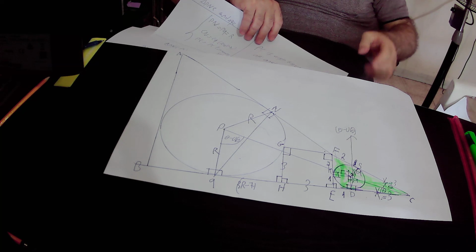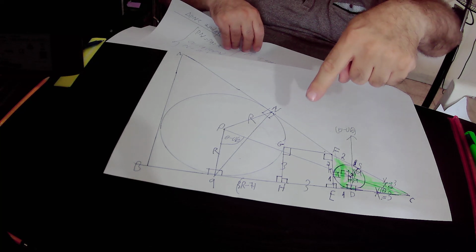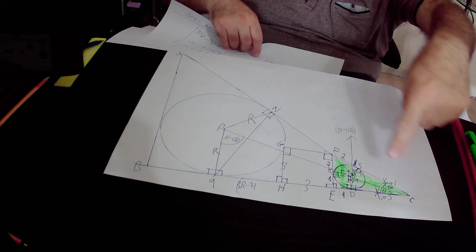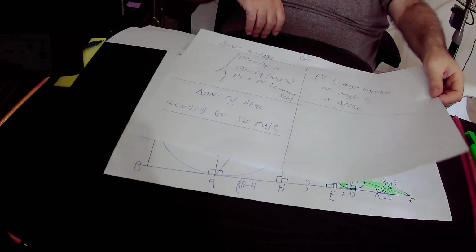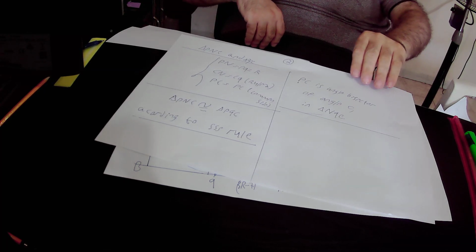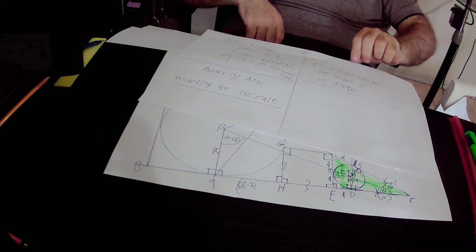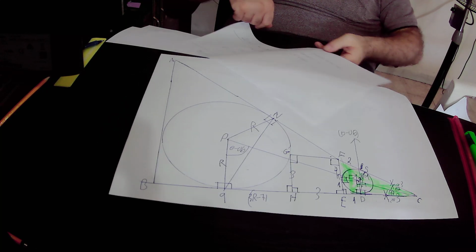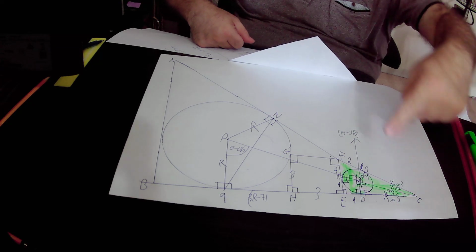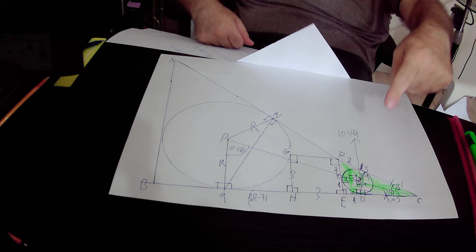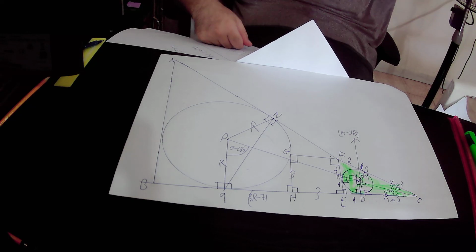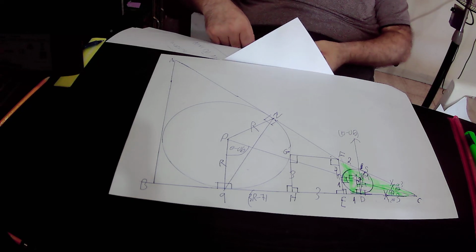So we actually found out that PC bisects angle C. PC is the angle bisector of angle C of triangle NQC, and we also found out that OC is also the angle bisector of the same angle C.